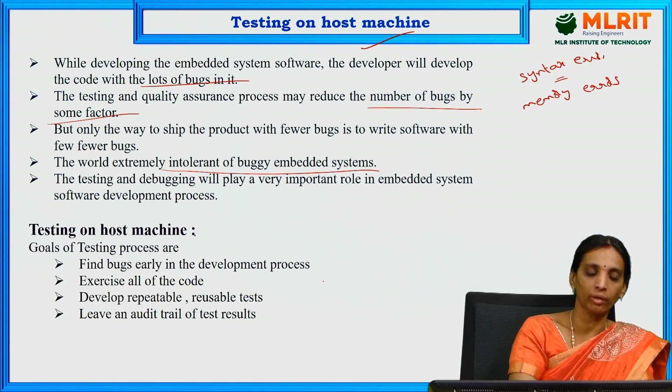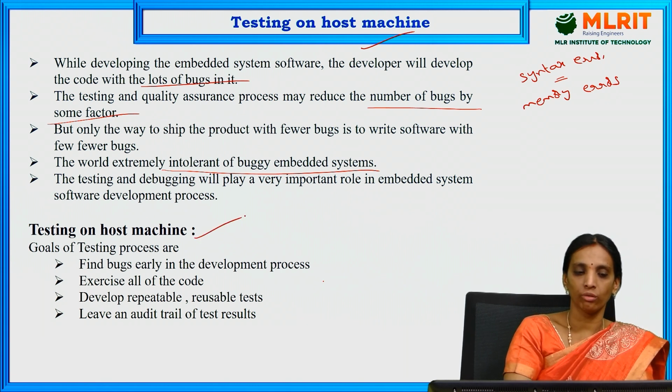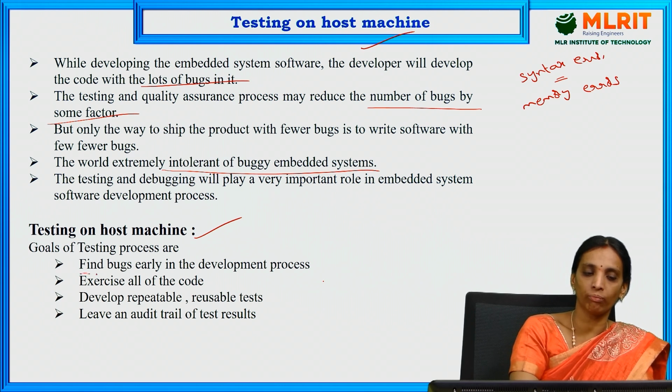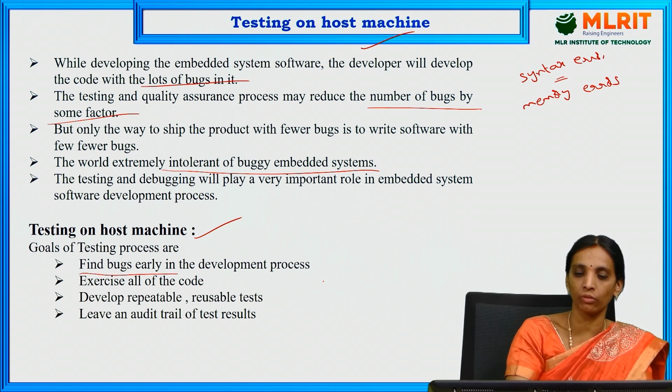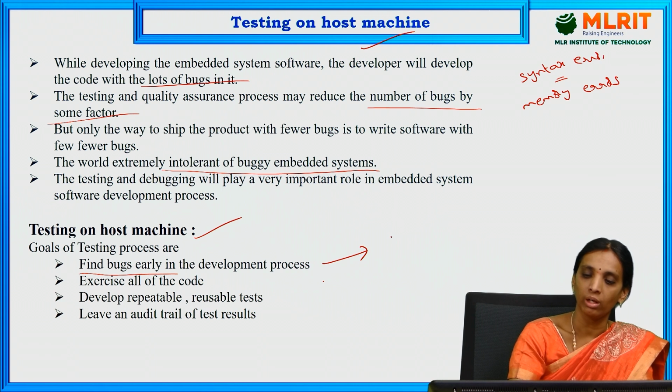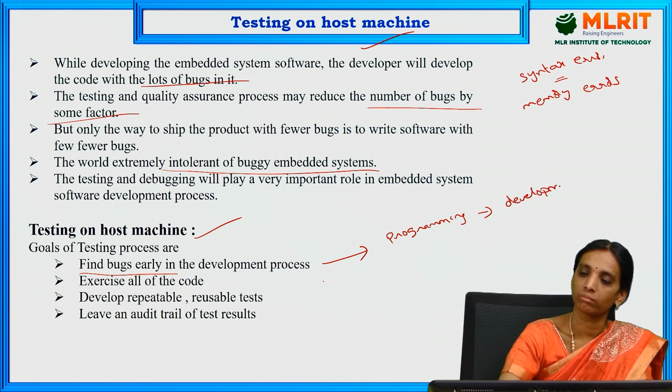So how can we test on our host machine? First, in the host machine, we need to find the bugs in the development process. The development process is nothing but the development of the software program and compilation.